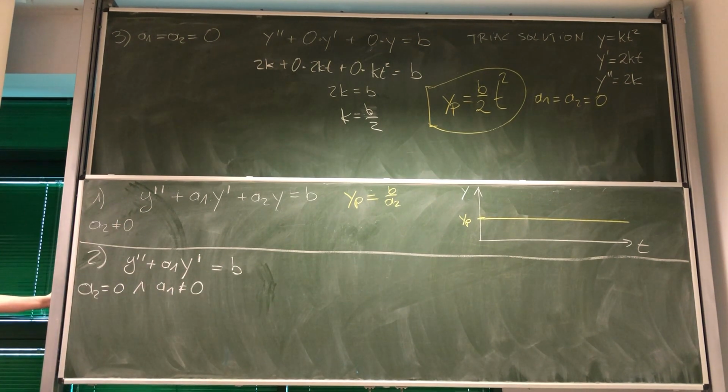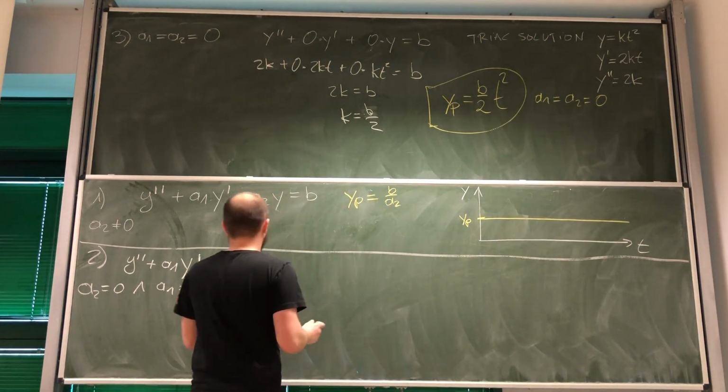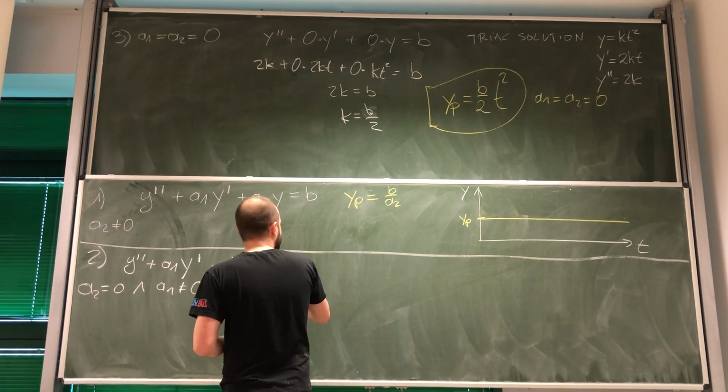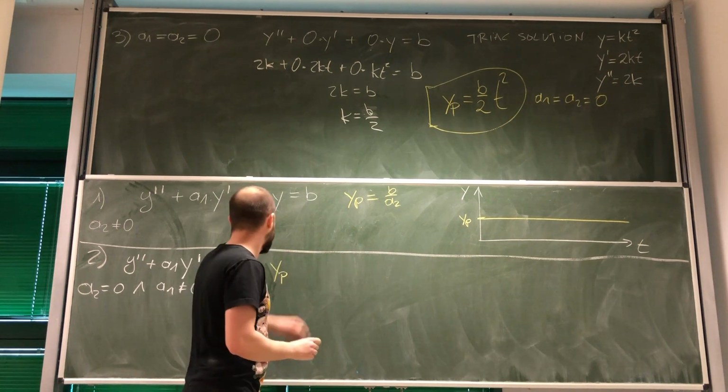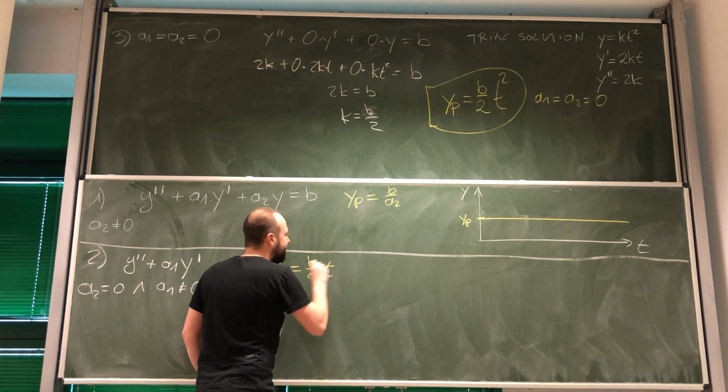So this equation has fewer components, right? And look how big of a difference it's going to bring. Because now, the particular integral is given as b over a1 t.